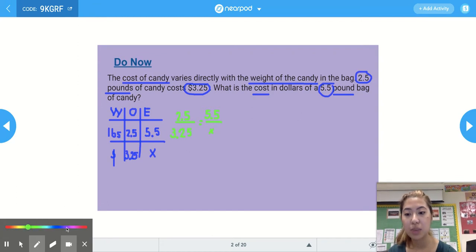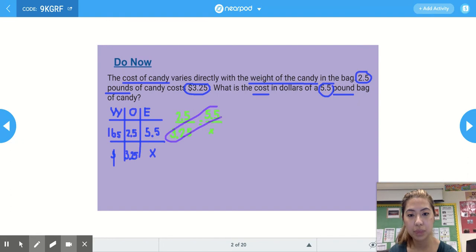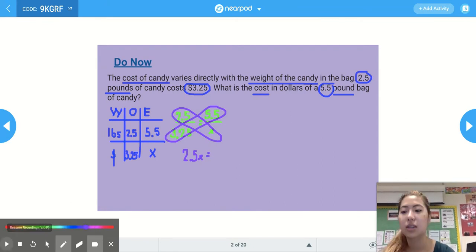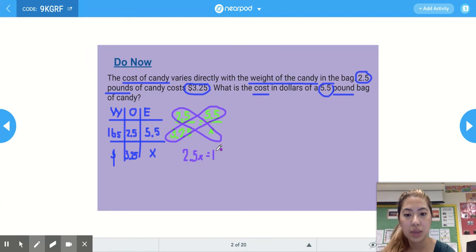Now I'm going to cross multiply and divide, otherwise known as the butterfly method. I'm going to draw the wings. So we have 2.5 times X, which is 2.5X. Then we have 5.5 times 3.25, which is 17.875.